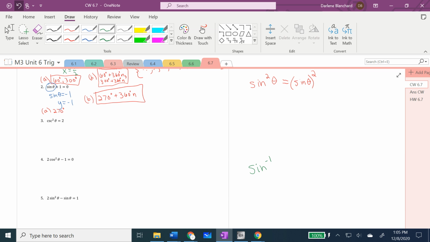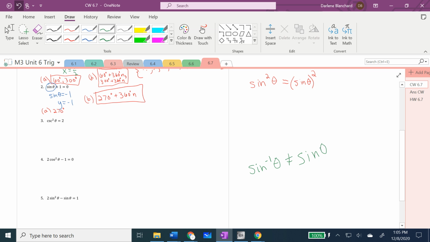That does not mean sine to the power of -1, and you need to know that. That is very important that you know that. And I'm going to emphasize it right now, and I'm going to emphasize it again when we run into this some more.